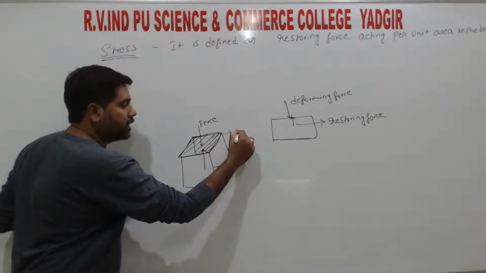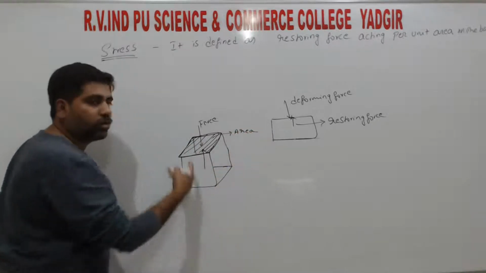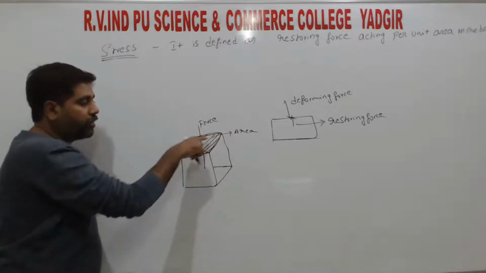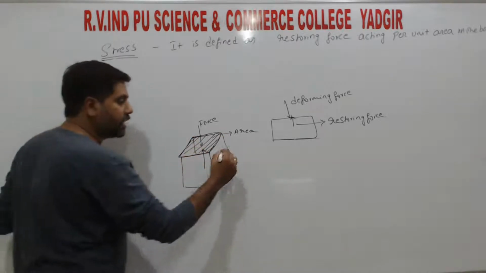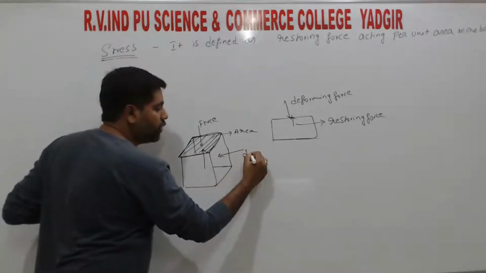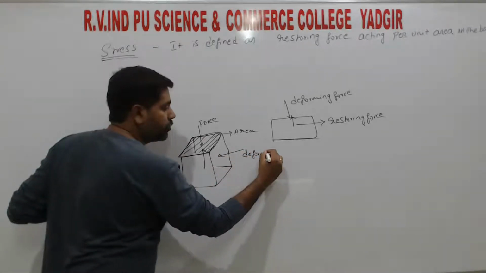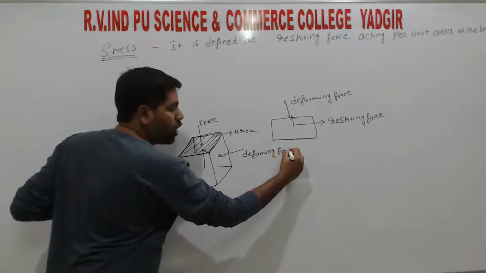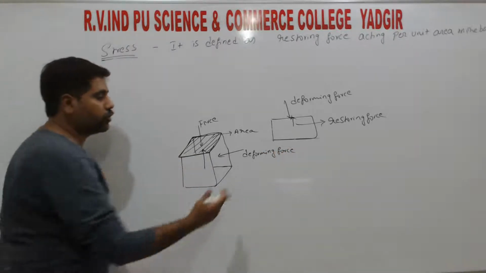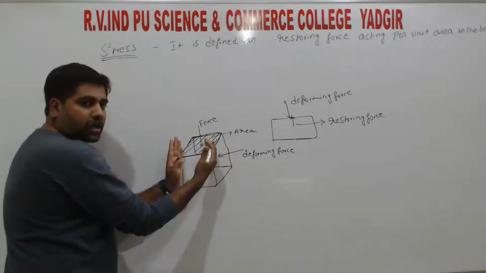We take this as the area. Since we are applying the force on the top, we can take this surface, or the side or base, and if we apply force there too, this becomes the deforming force or applied force. Here we are using the term deforming force. Due to this, the object gets compressed.